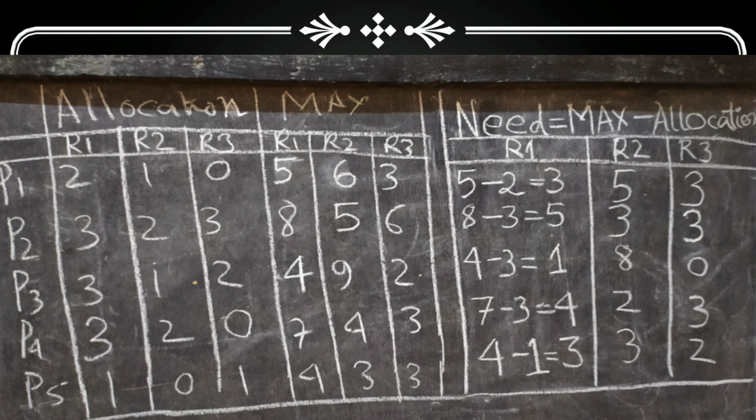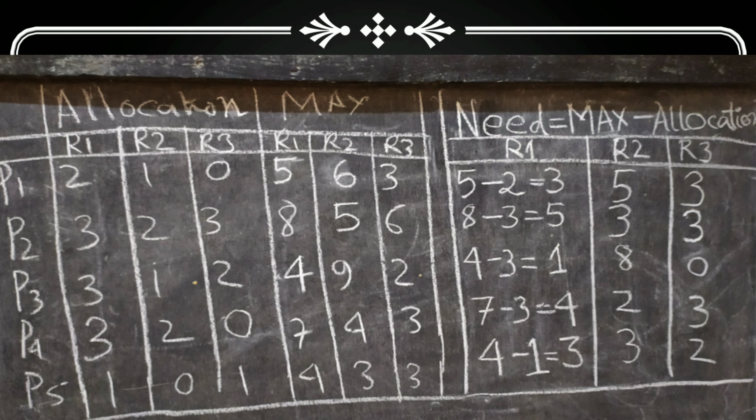Now, after calculating the need matrix, you have to update the current availability. The given availability was 15, 8 and so on. Now we have to sum up all the allocations for each resource.